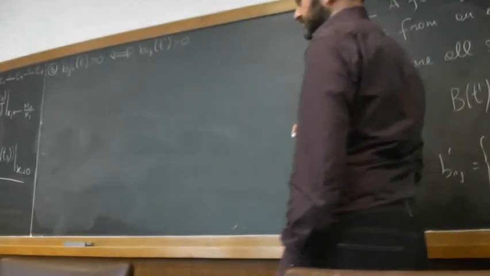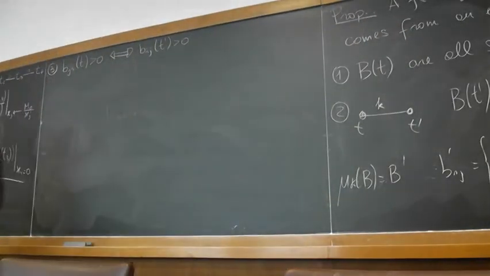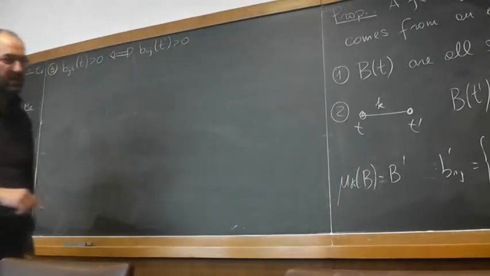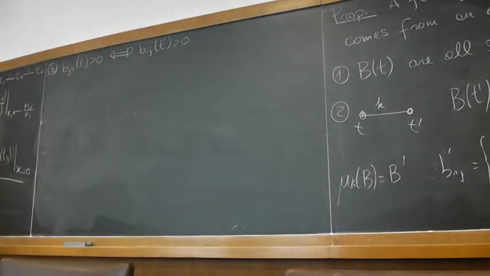Here the index of mutation is i. So let me use this property with k equal to i.